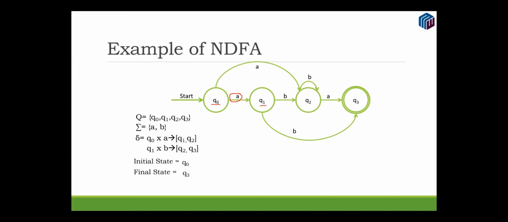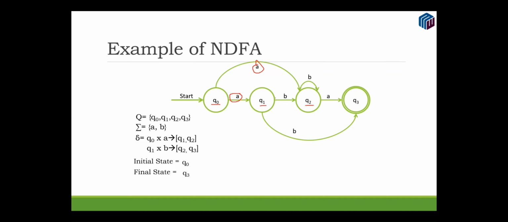That is transition 1. With the same input A, it is also moving to the state Q2. So Q0 on the input A moves to the states Q1 and Q2. We write this in set brackets as Q1, Q2.